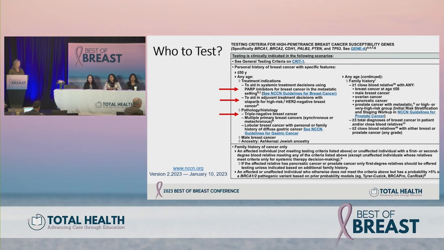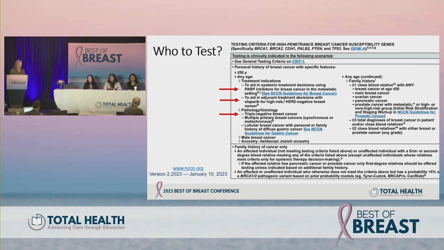And actually, I would pay attention to those close blood relatives. This is up to the third degree, not just the first degree, but second and third degree. So if you add them up, you could find the patient actually eligible. Her mom or father's immediate family may not have these cancers, but their second or third degree relatives might.